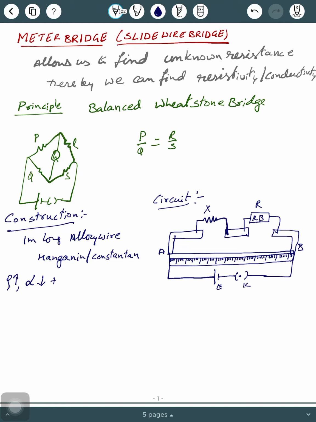It is generally made of manganese or constantan. Now, we come to know that the bridge is balanced when the galvanometer shows 0 deflection. Here, if you see our circuit, there is no galvanometer.